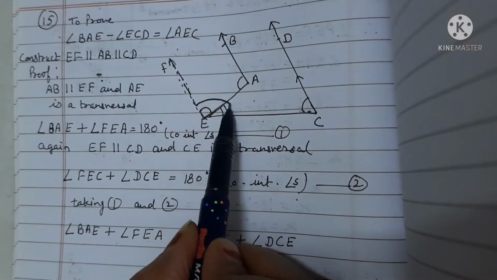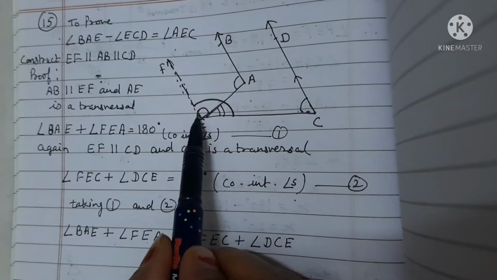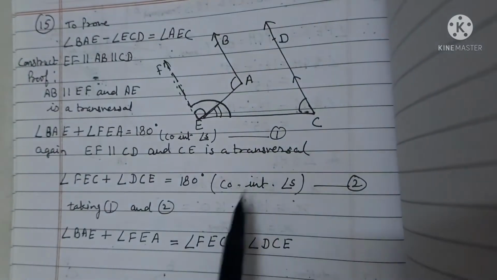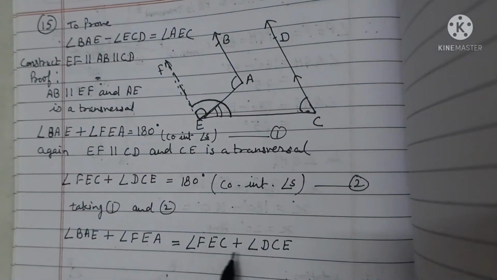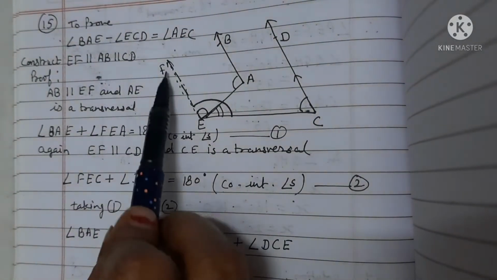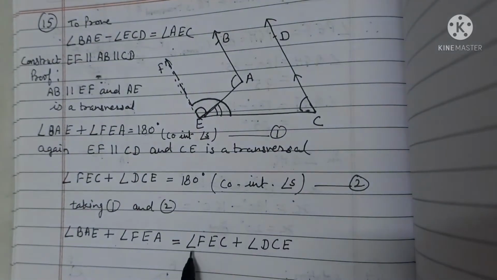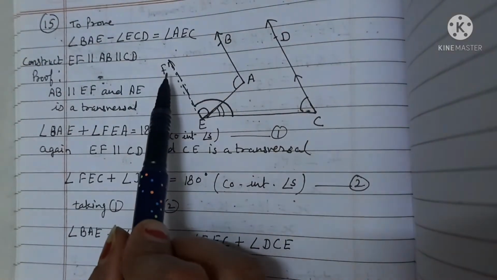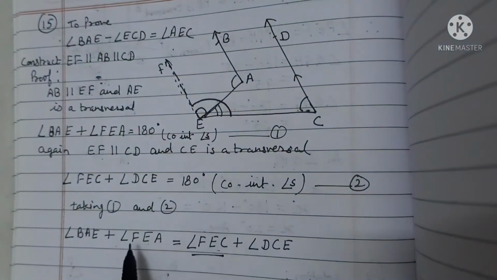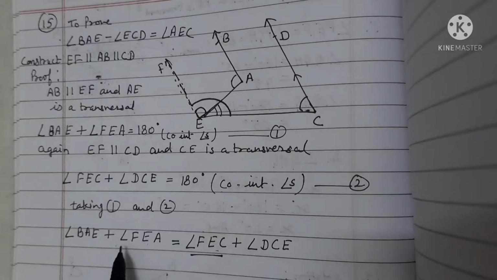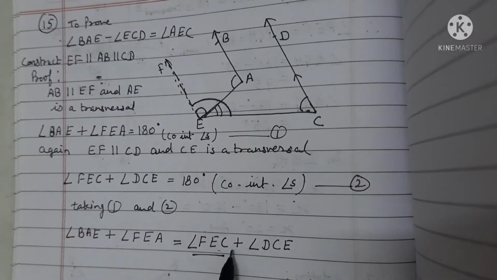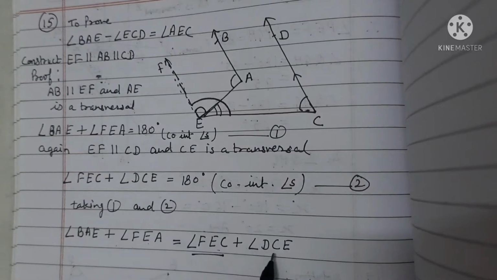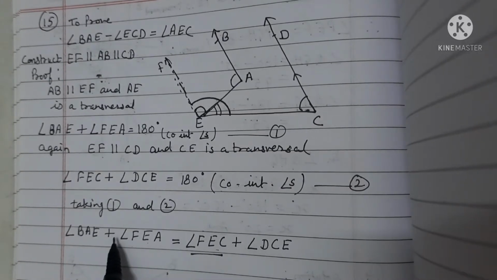This complete angle, when you subtract this part, gives angle AEC. So you can get this relation: angle FEC minus FEA. Bring it to the right hand side, and take this on the left hand side.